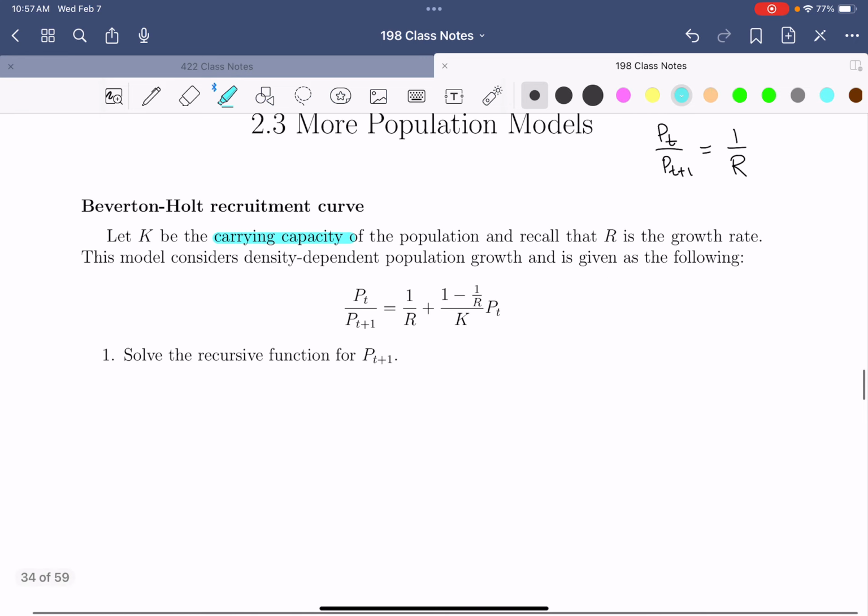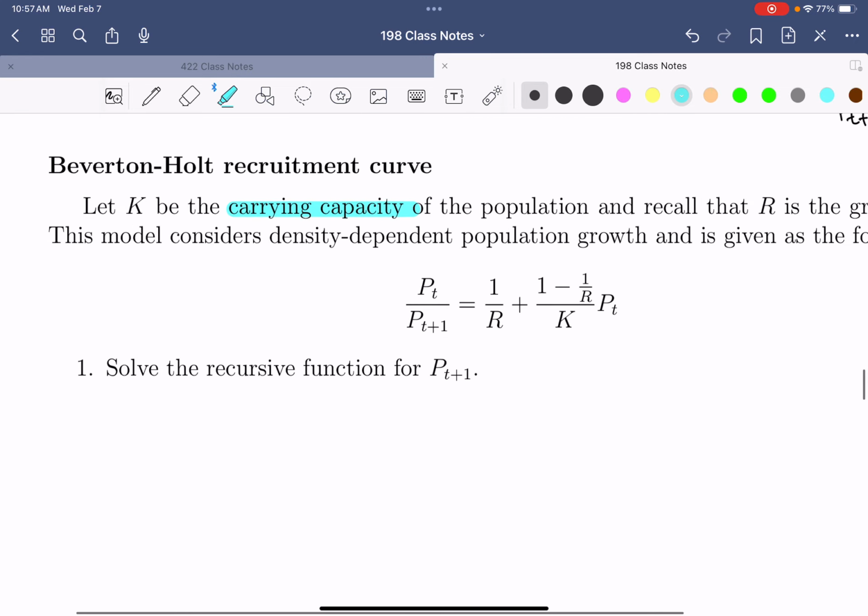In this next model, which we're going to call the Beverton-Holt recruitment curve, you still have that same piece that we had for the exponential growth, okay? But then we're going to add this term here that has two features. Number one, it has a K in it, and K is our parameter for carrying capacity.